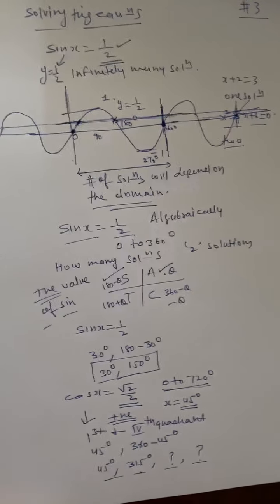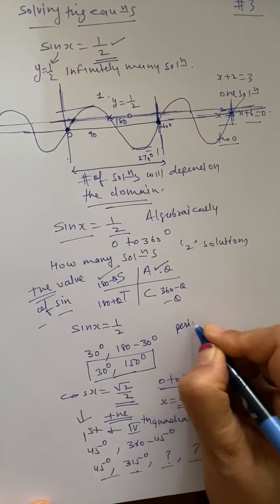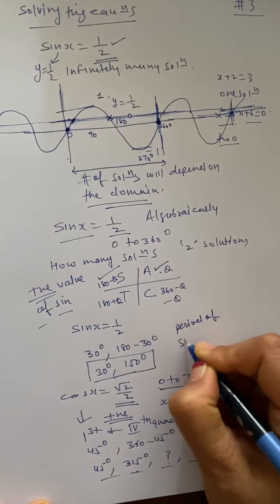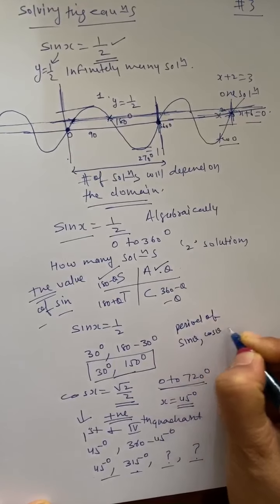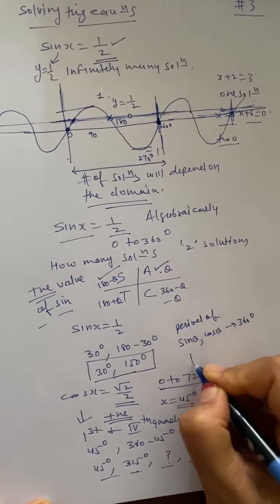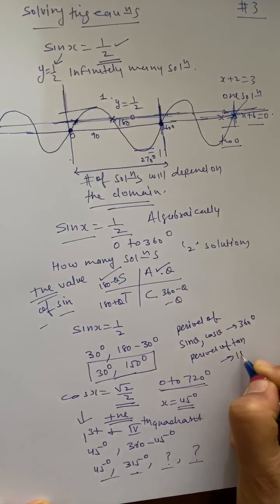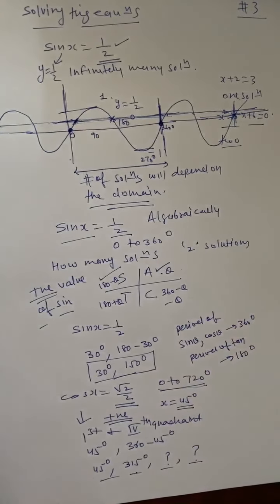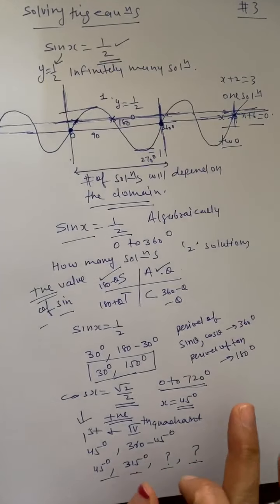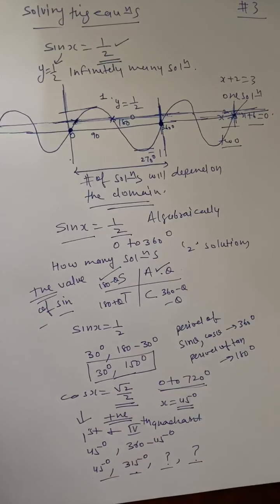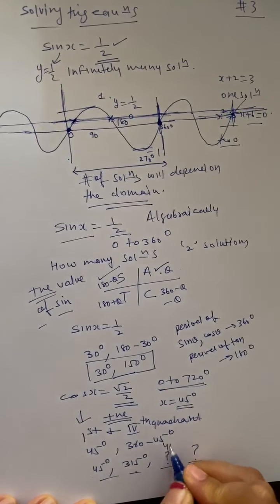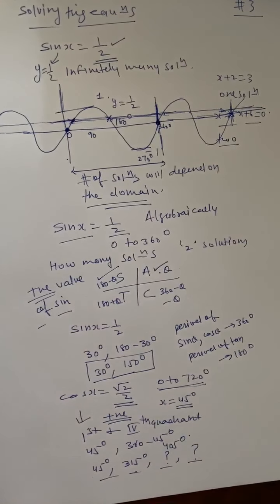Okay, and remember the period of sine theta and cos theta is 360 degrees, and the period of tan is 180 degrees. So a complete revolution is 360 degrees, and this one is 180 degrees. So 45 plus 360, 405, should give you another value. Let's have a look.